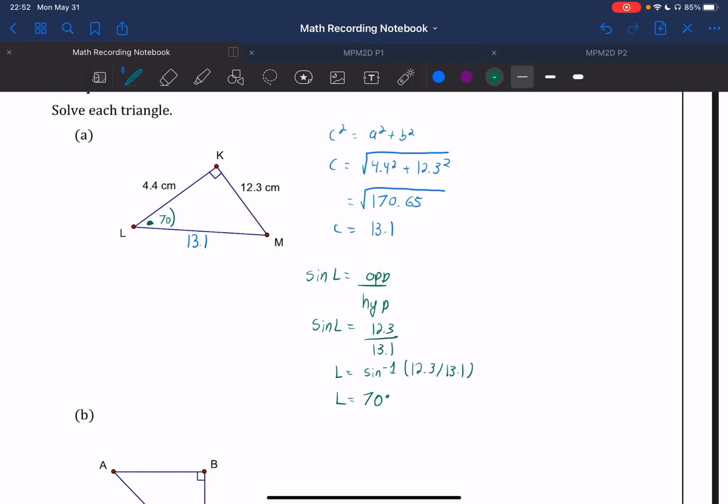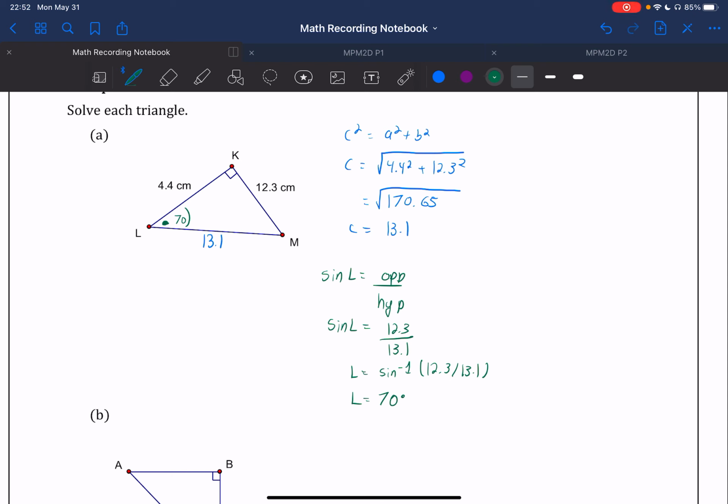The great thing about triangles is once you have two of the angles, you can find the third one by applying the notion that all the interior angles of a triangle are going to equal 180.